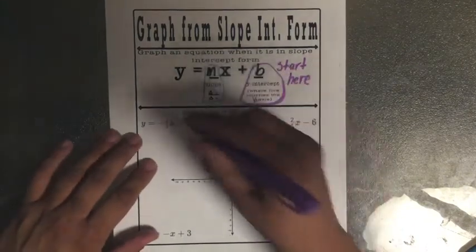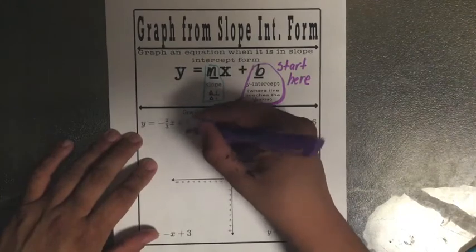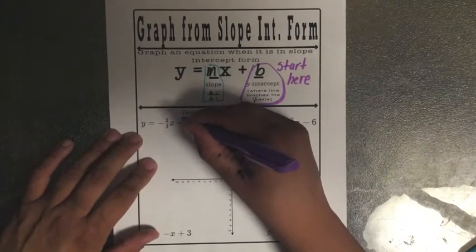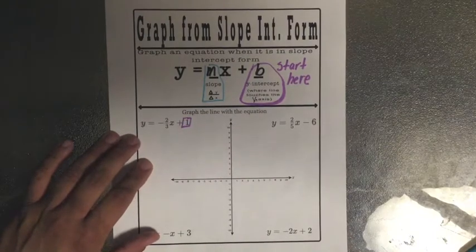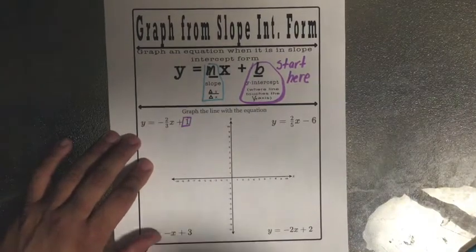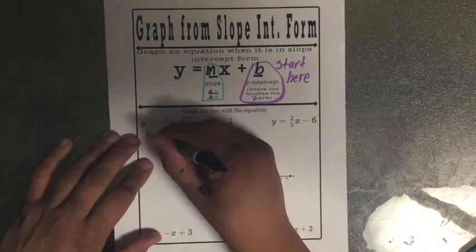Start here. So let's find our b here. In this case, b is positive 1. So I'm going to write here on the side, b is equal to 1.